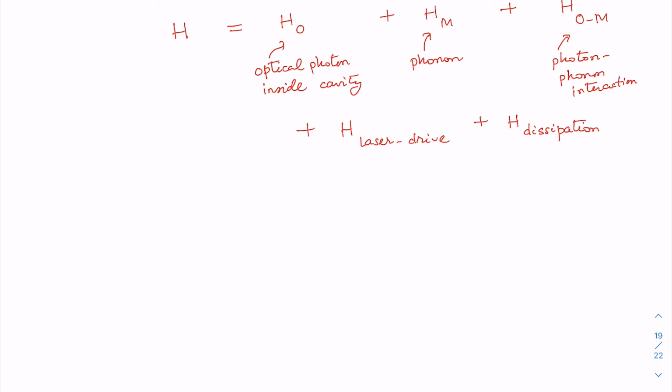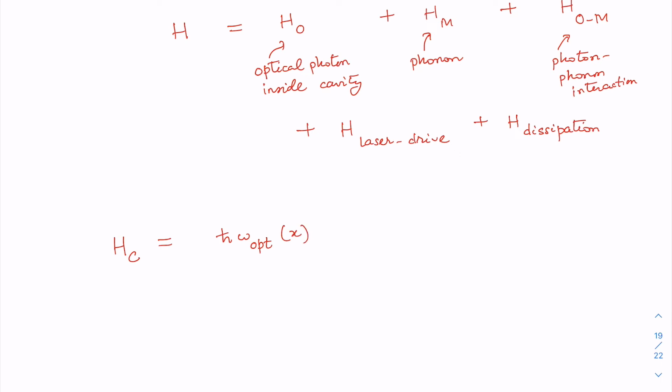Now the optical mode, as we know, is a harmonic oscillator, so for the optical mode or the cavity mode, Hc is equal to the harmonic oscillator energy. Say the optical angular frequency is omega opt, and this is going to be a function of the displacement. I will explain that.